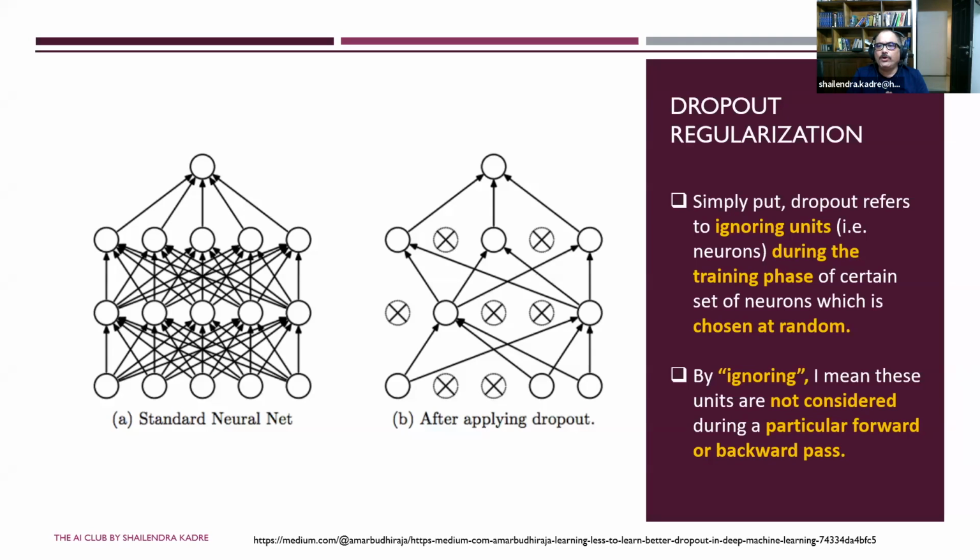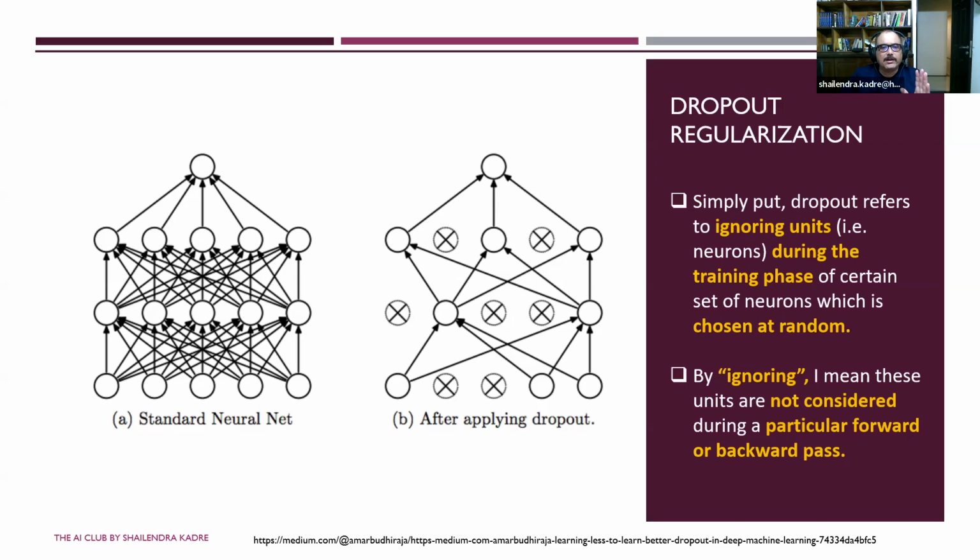At the training time we do it, and randomly we choose what kind of neurons we need to shut off. These are two important things. It is done at the time of training, number one, and which neuron you want to choose is chosen randomly. Okay, so that is one thing for this slide.